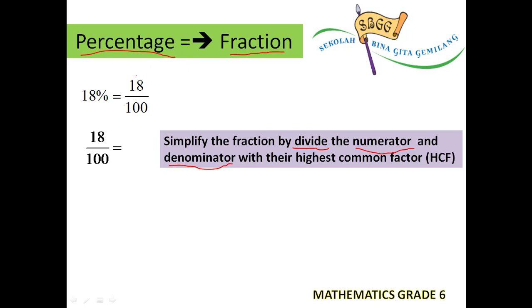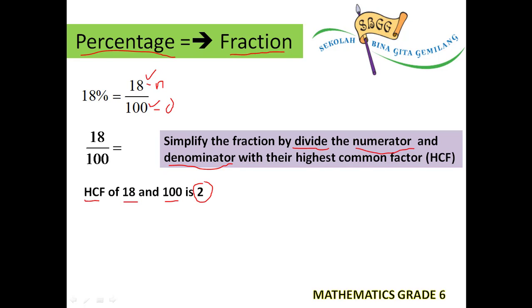The numerator is 18 and the denominator is 100. So you must find the highest common factor of 18 and 100. The highest common factor, or HCF, of 18 and 100 is 2.